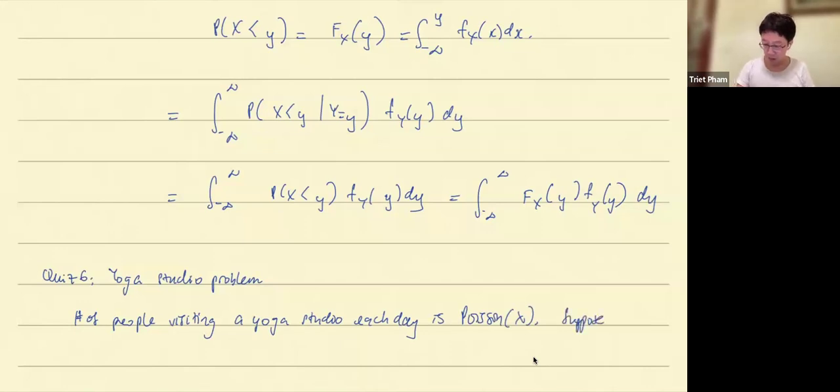Suppose each person is independently a male with probability P and female with probability 1 minus P.